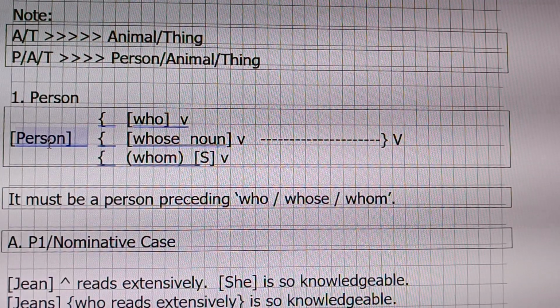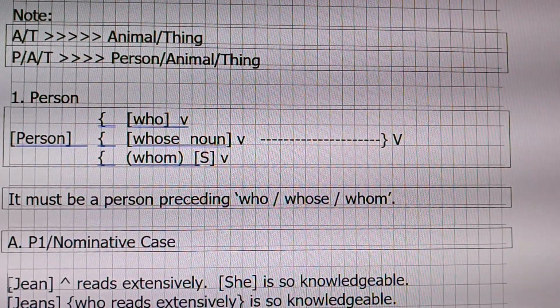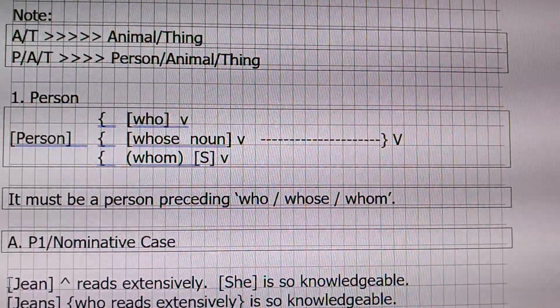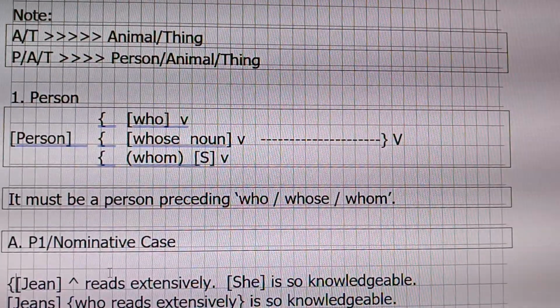For a nominative case, that is P1, that replaces P1. Jean reads extensively. She is so knowledgeable. So Jean, who reads extensively, is so knowledgeable. So this one is used as a subordinate clause.